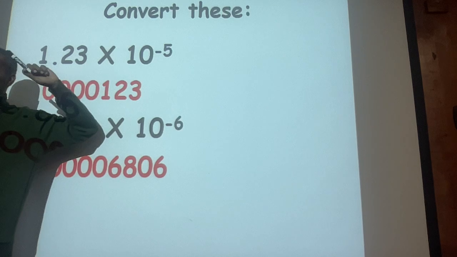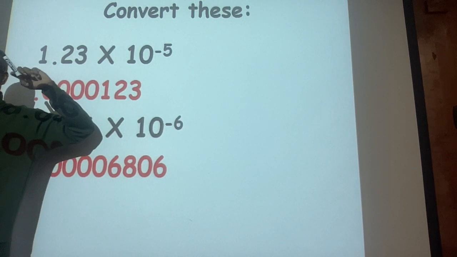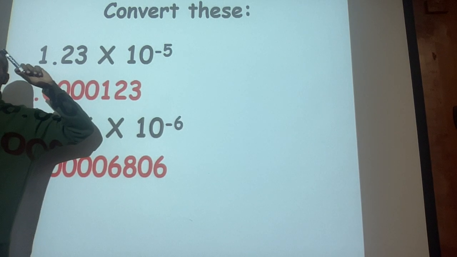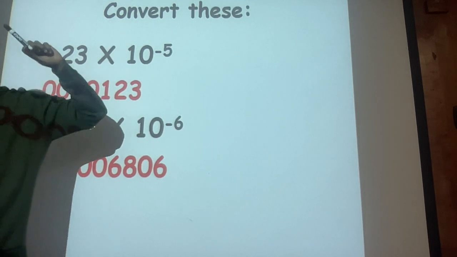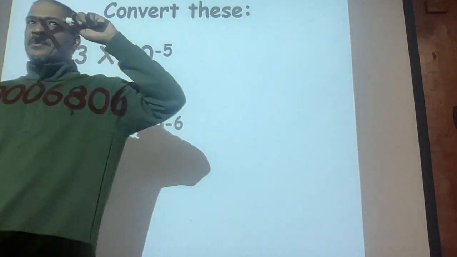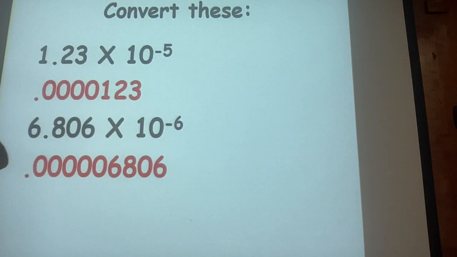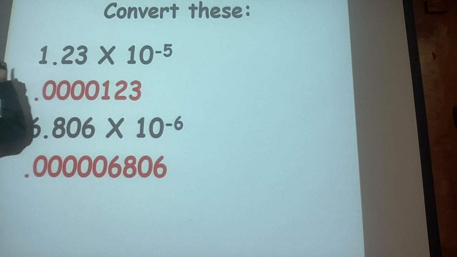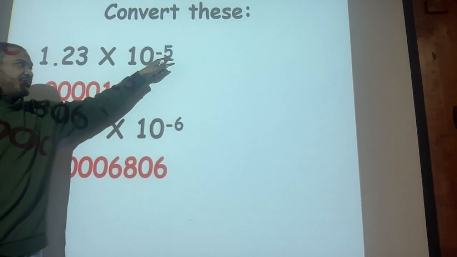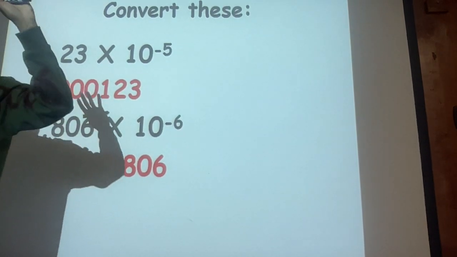Everybody know what the absolute value means? What does that mean? Yeah, the absolute value means it's not negative, it's always positive, right? We take the positive value. So when I say the absolute value of negative 5, I mean 5, right?